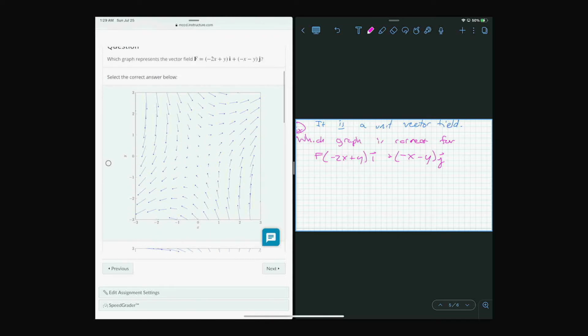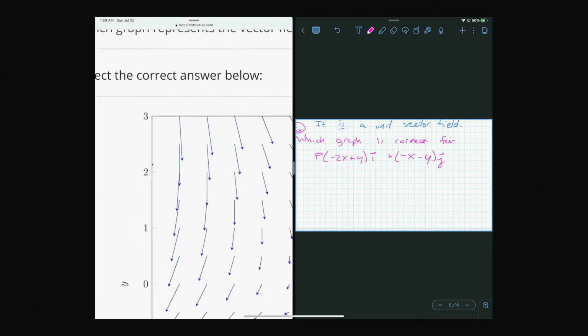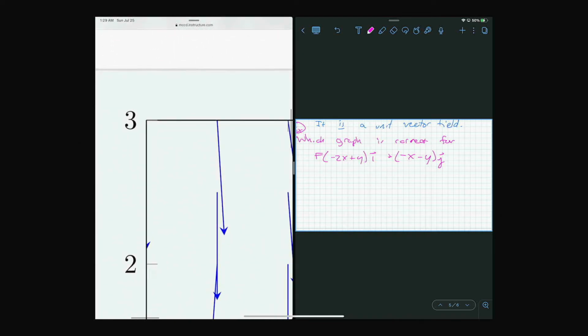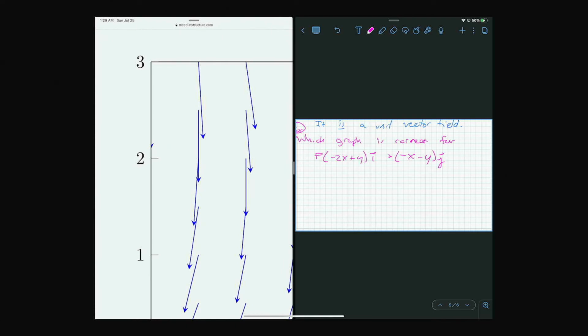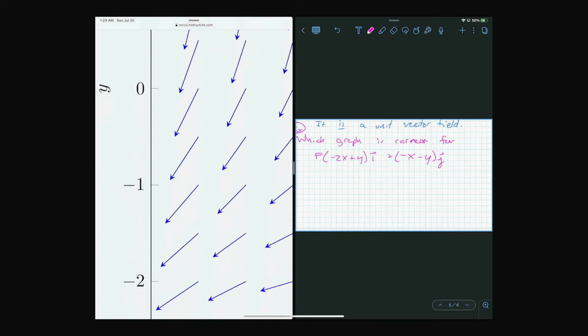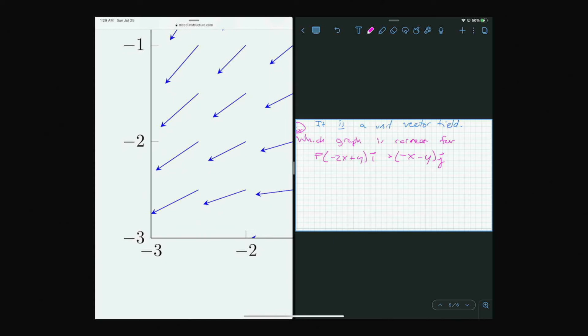It's hard for me, I can't point at this, but look in the upper left corner here. You see where y equals 2 is, and also we're over at around negative 3.